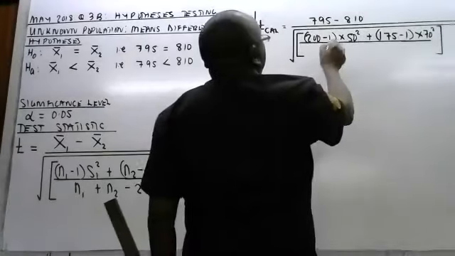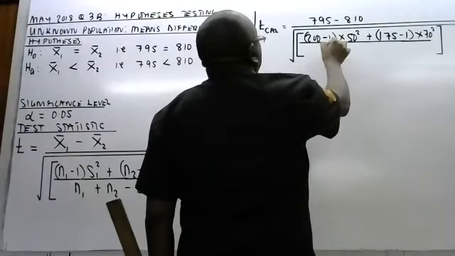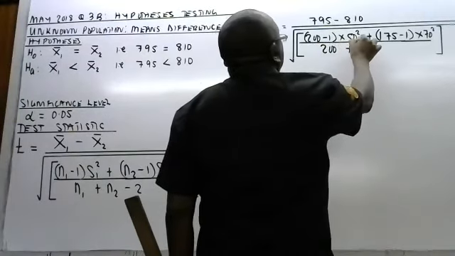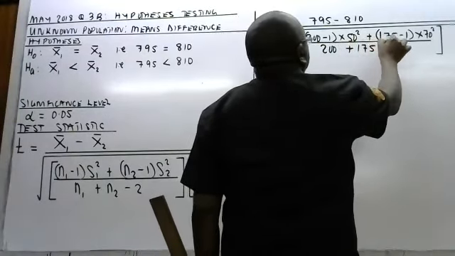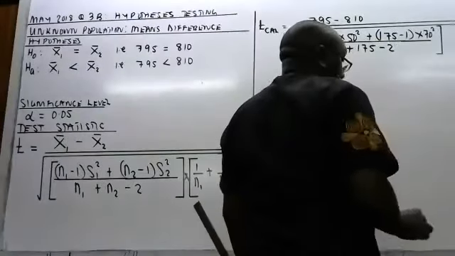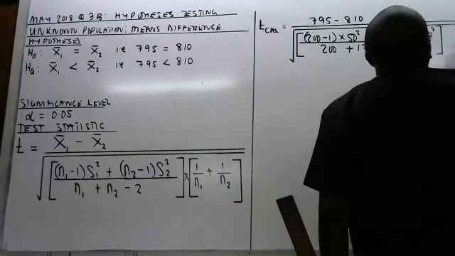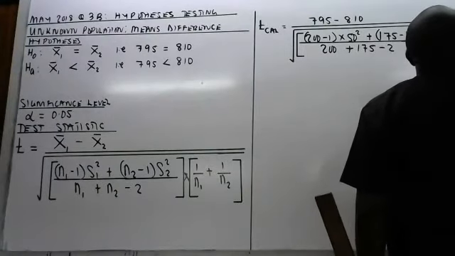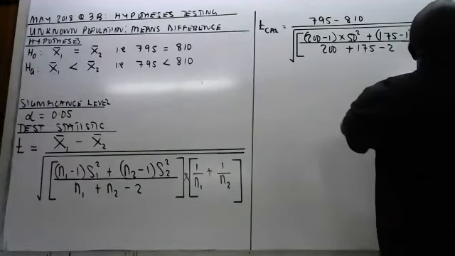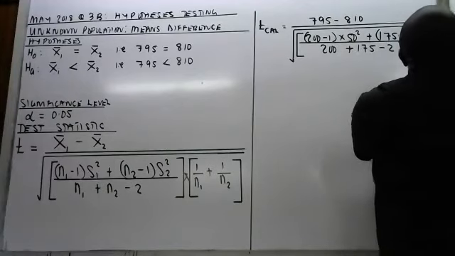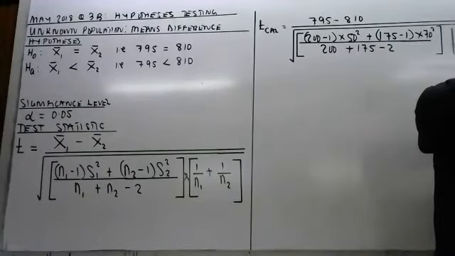So here we are dividing by 200 plus 175 minus 2, times 1 out of 200 plus 1 out of 175. Just substituting the figures.